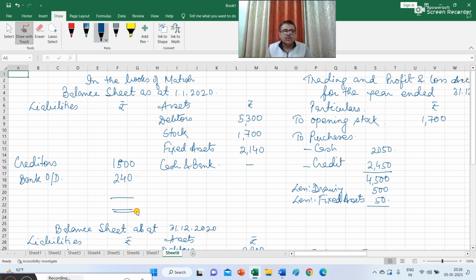Now you have to close the opening balance sheet, and I have a total of 9,140 on the asset side, and I have to write this as opening capital, and the balance of opening capital is 7,400. So this is basically the balancing figure.